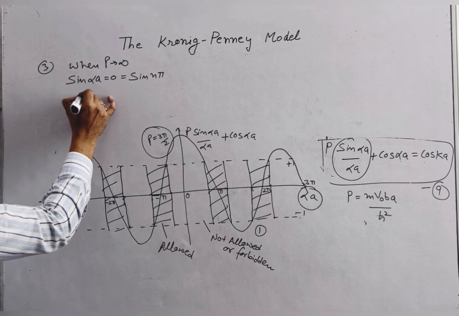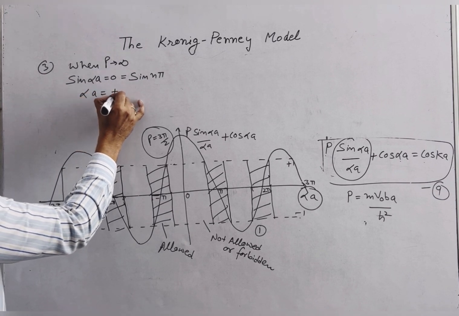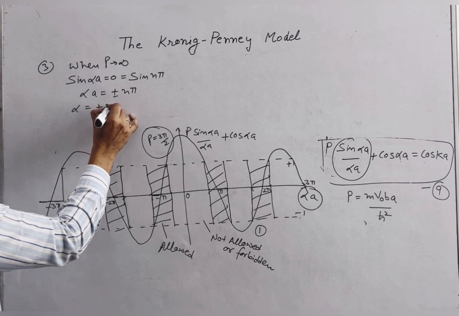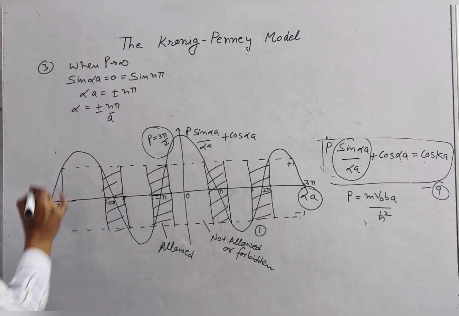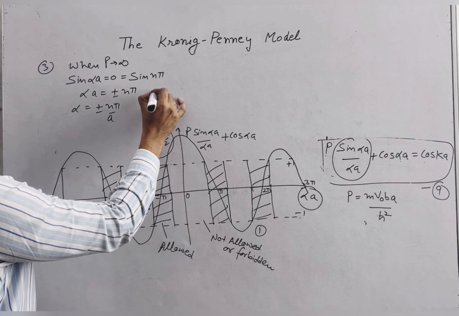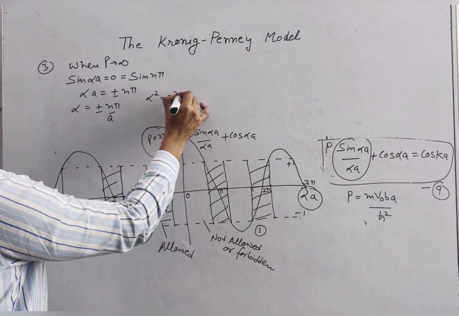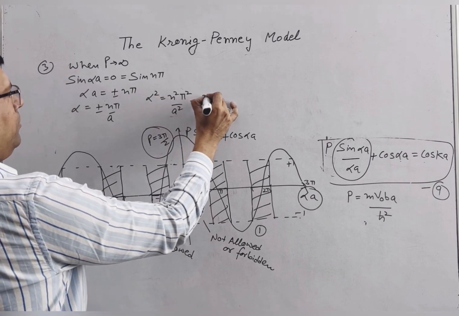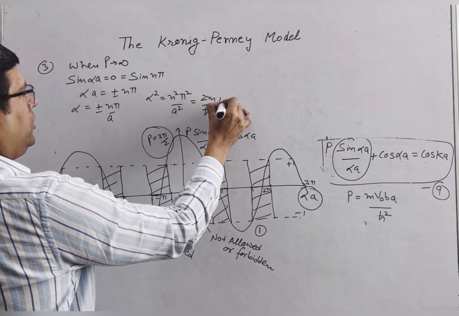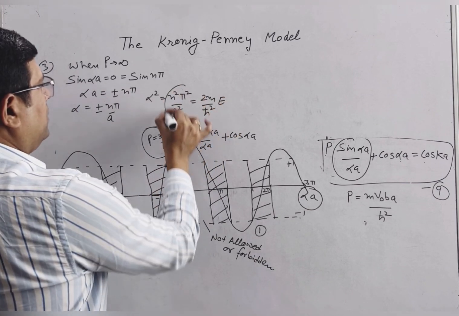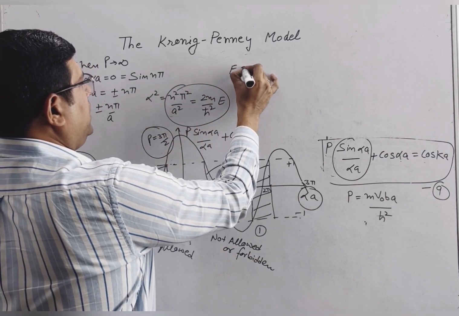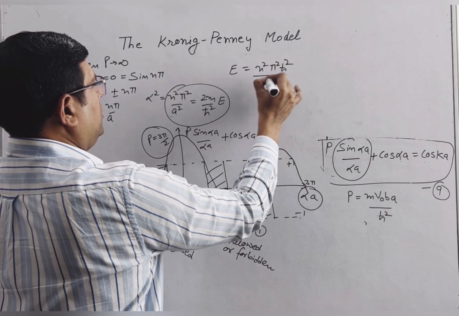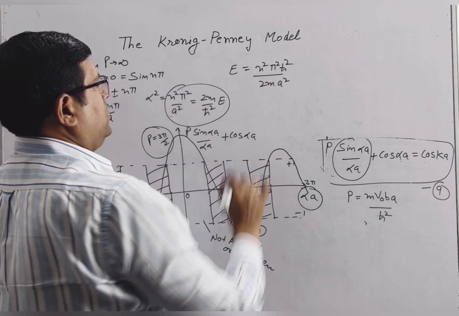So we have alpha A equal to plus minus n pi, or alpha equal to plus minus n pi by A. From here, alpha square equal to n square pi square upon A square, and also alpha square equal to 2m upon h cut square into E. Now from here, E equal to n square pi square h cut square upon 2m A square.